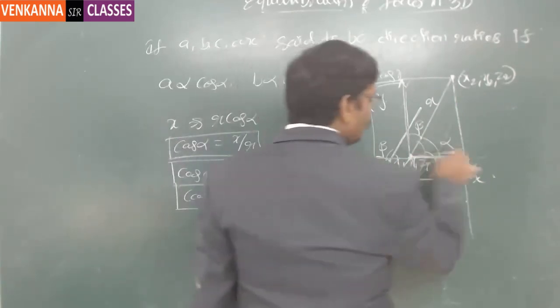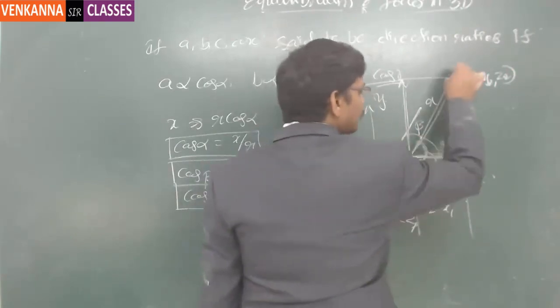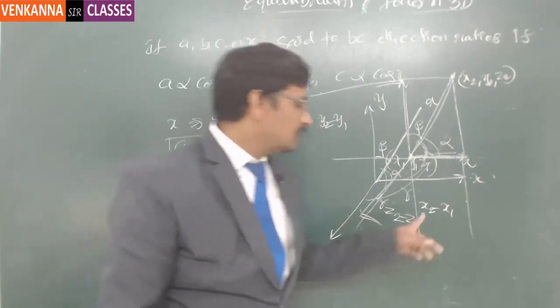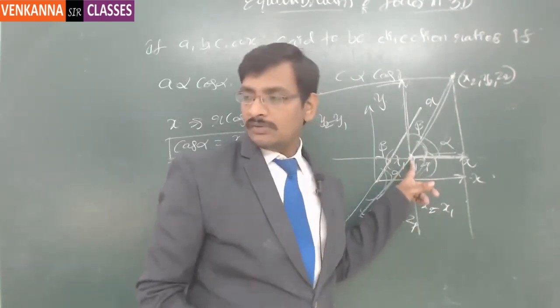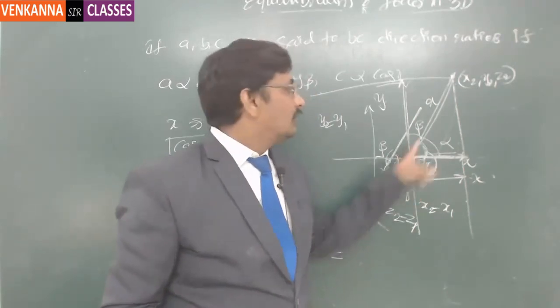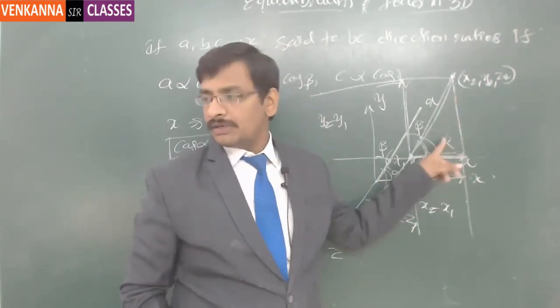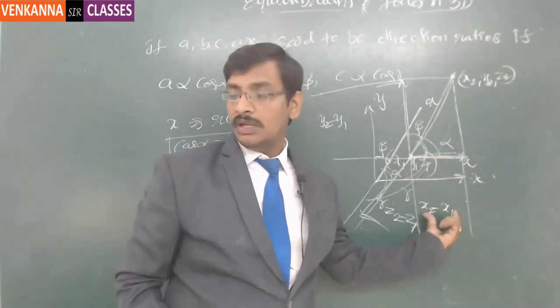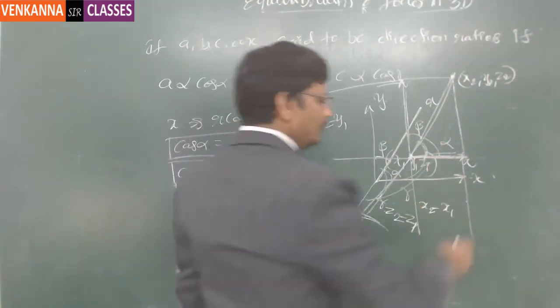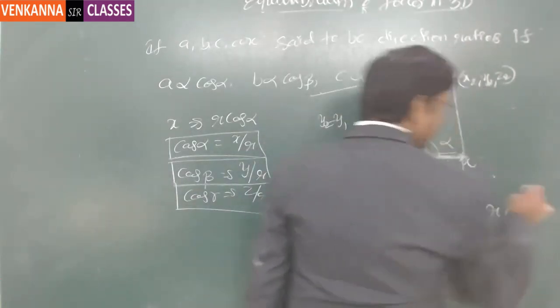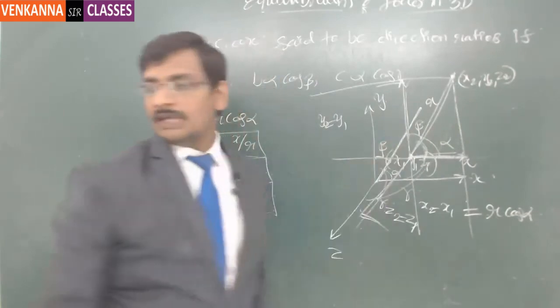Now if you take this as the angle and this as r, it is as if we are taking this as the origin. If I consider x1, y1, z1 as the origin, then x2, y2, z2 is the new point of consideration for us. That means this length x2 minus x1 can be equated to r times cos alpha, because alpha is the same in either case.